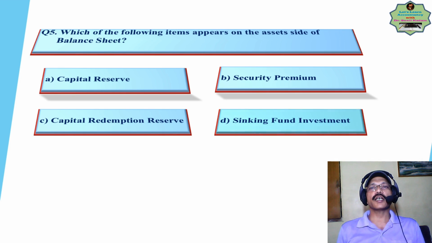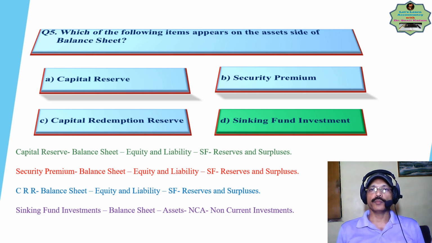Therefore, the correct option is sinking fund investment, because the remaining three options are shown under the heading of reserves and surplus, which comes under the liability side of the balance sheet. Therefore, we will record the sinking fund investment account on the balance sheet asset side.